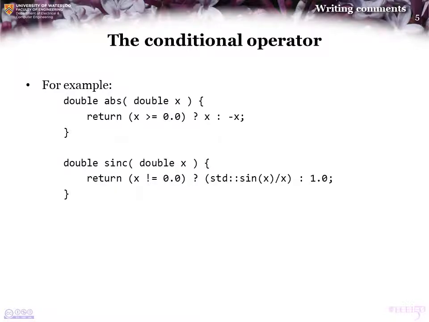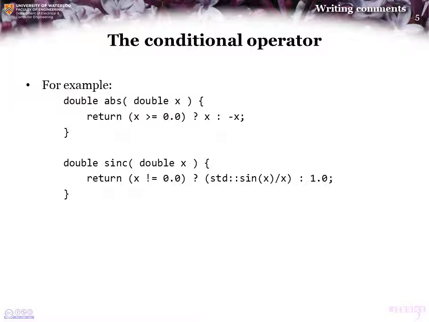Here's the sinc function, which is defined as sine of x over x unless x is equal to 0, in which case sine of x over x is 0 over 0, which is indeterminate. But if you take the limits, sine of x over x as x approaches 0 is 1.